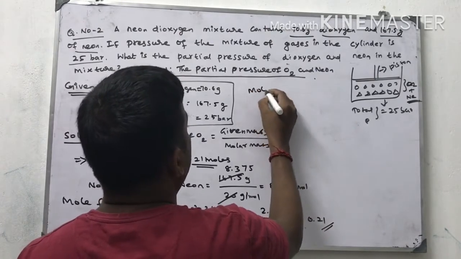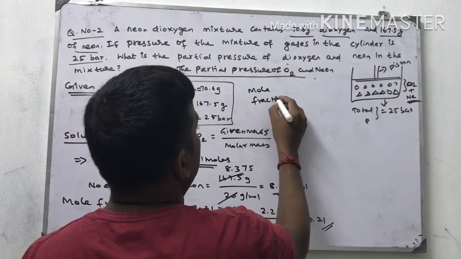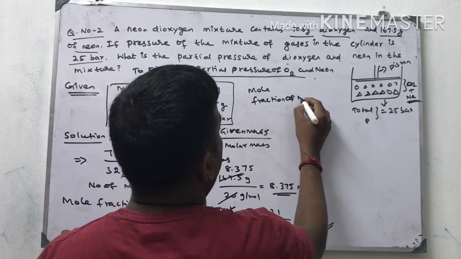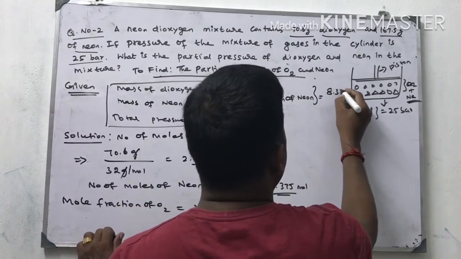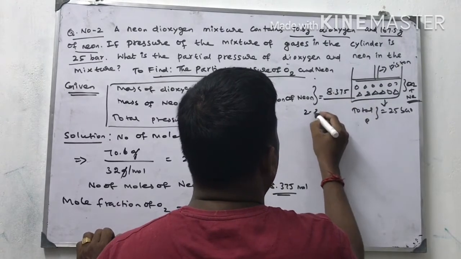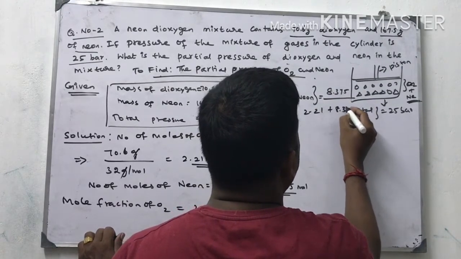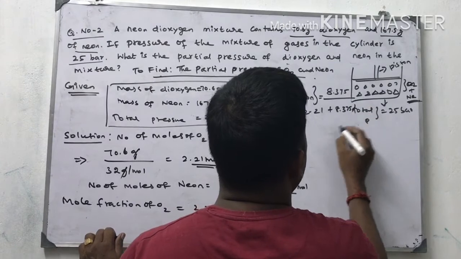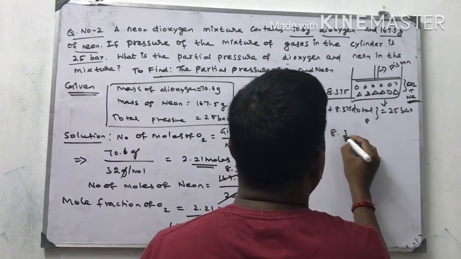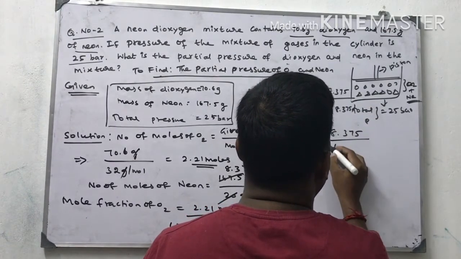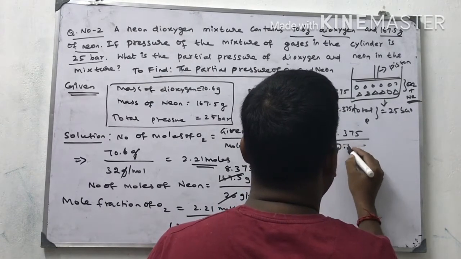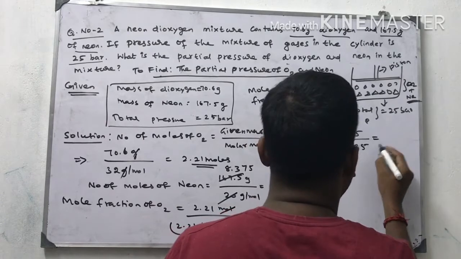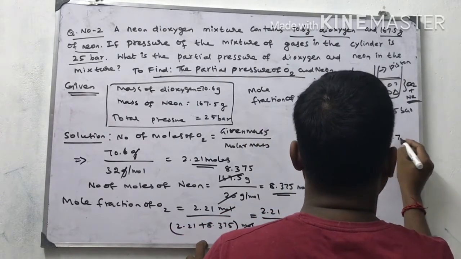Next one is mole fraction of neon, which is equal to 8.375 divided by 2.21 plus 8.375. 8.375 divided by 10.585. We get the answer of 0.79.